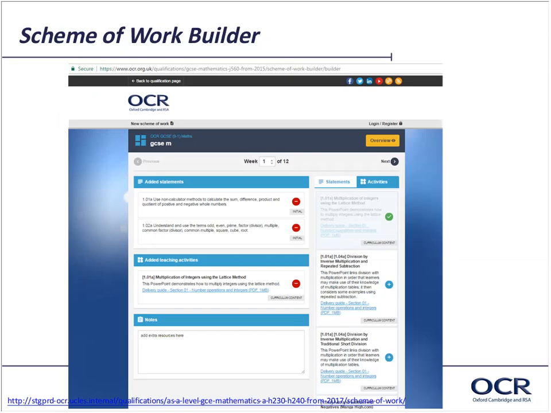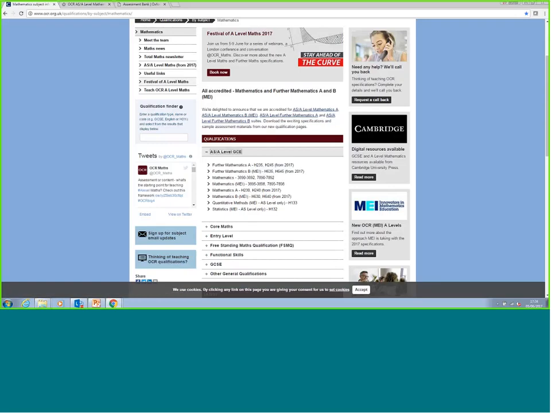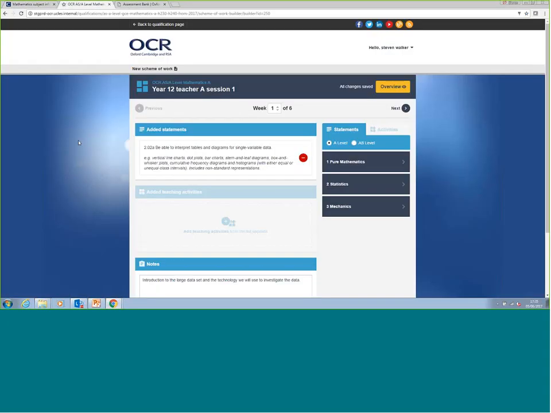And then we've got the scheme of work builder. If I just take you to my desktop, make sure I open the right one. So the scheme of work builder, you can set it up to design on a week-by-week or a lesson-by-lesson basis.